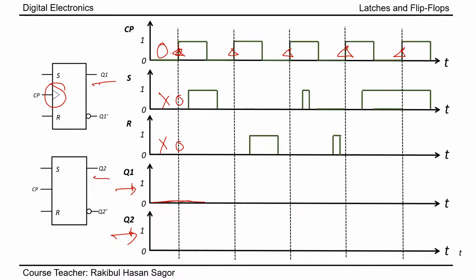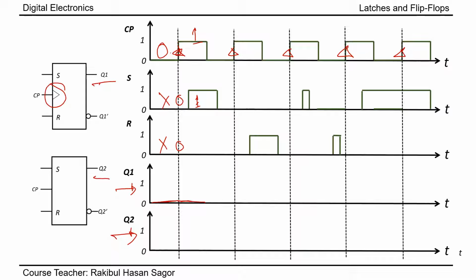Now, even though S becomes 1 here when the clock pulse is 1, it doesn't matter, the output will not be changed when the clock pulse is 1, because this flip-flop detects only the edge triggering.